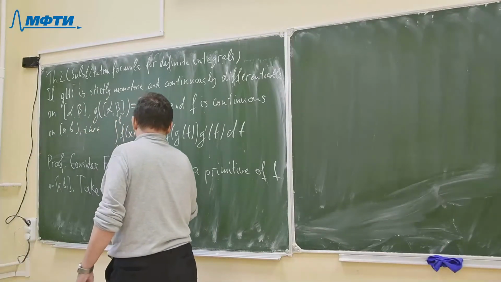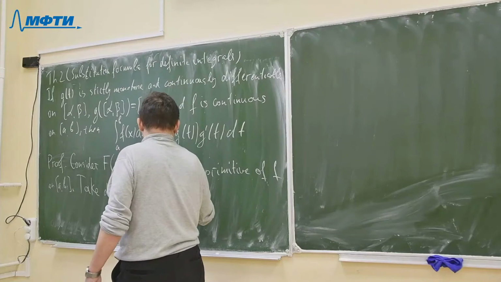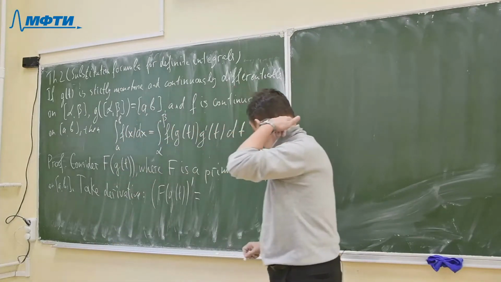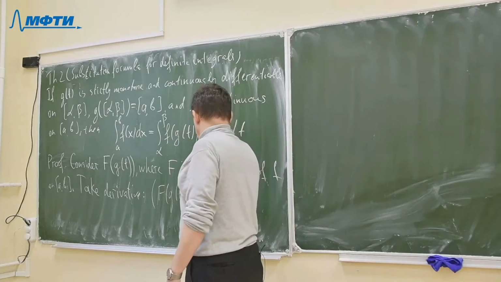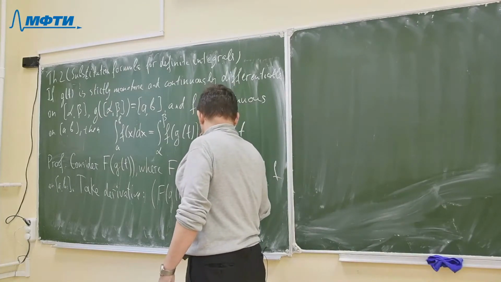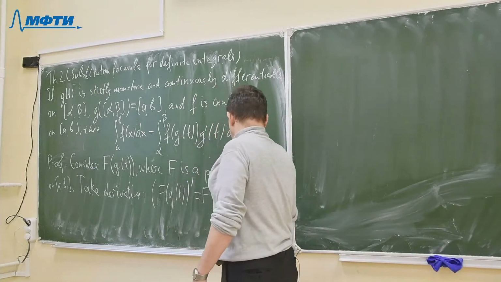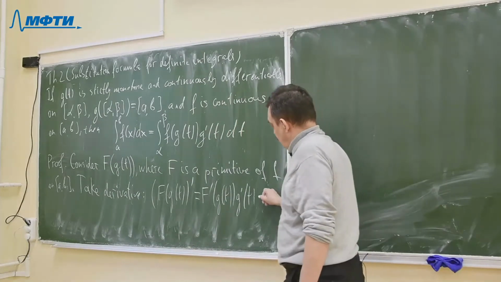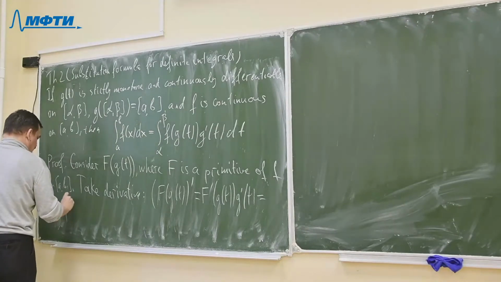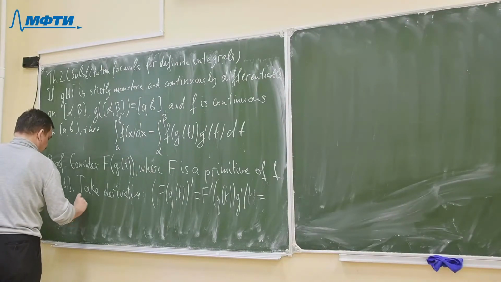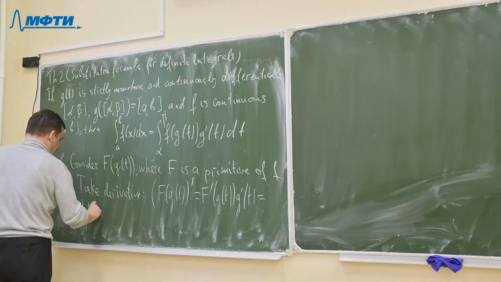So, by the chain rule, what do we know? The derivative of the composition equals capital F prime at g of t times g prime of t. And capital F prime equals little f, so we get little f of g of t times g prime of t.